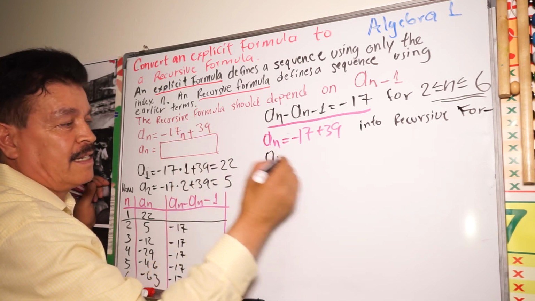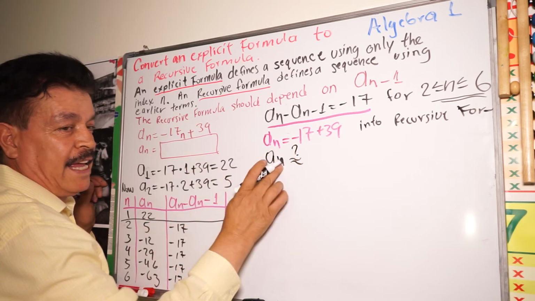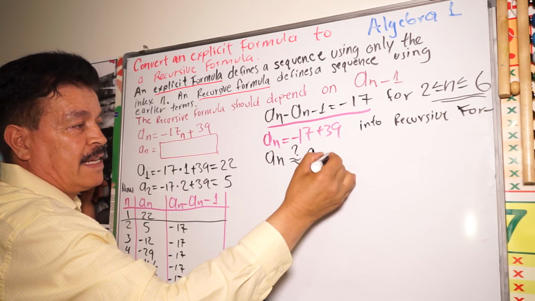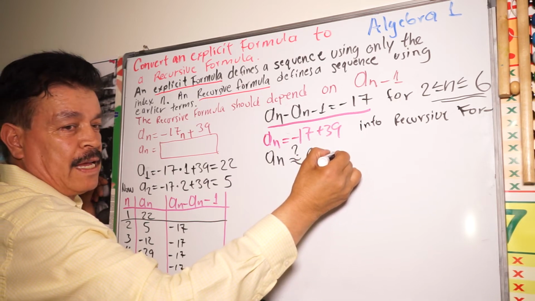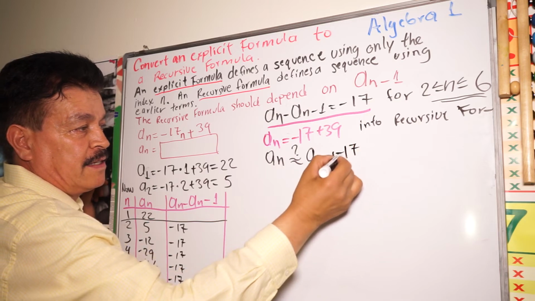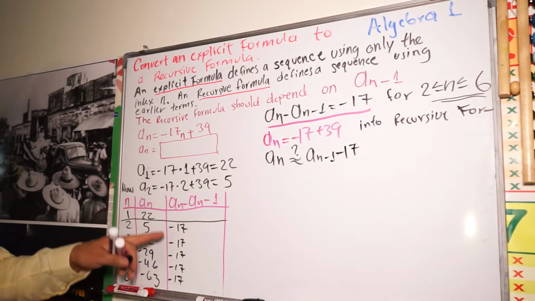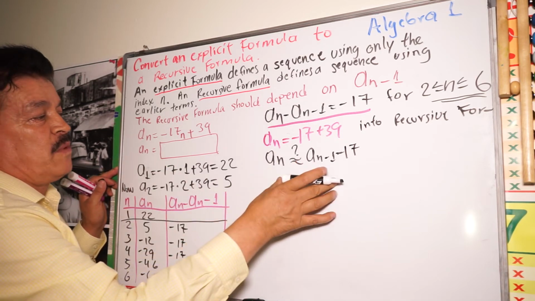Listen to me right here. a_n equals a_(n-1) minus 70. Okay, minus 70 right here. So go in this way.